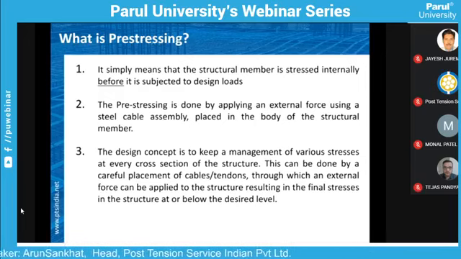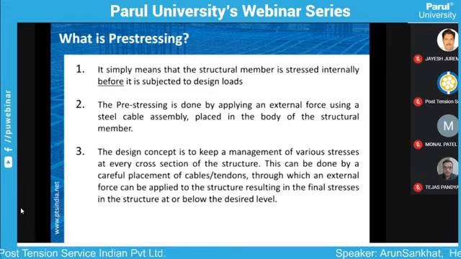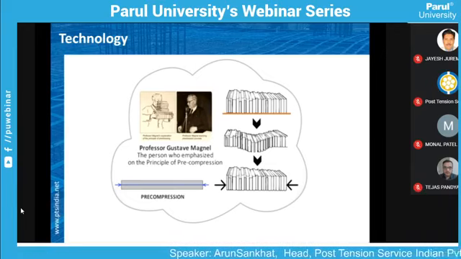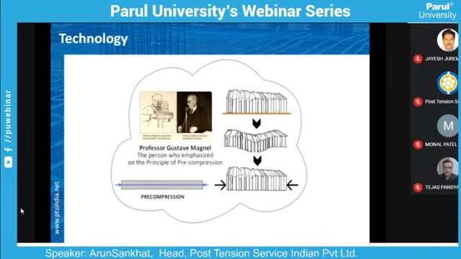Why we are using pre-stressing is to reduce or minimize the stresses or internal actions in a particular beam or slab. This is one of the mechanisms of pre-stressing, which is known as pre-compression.